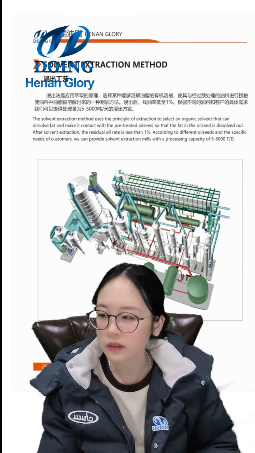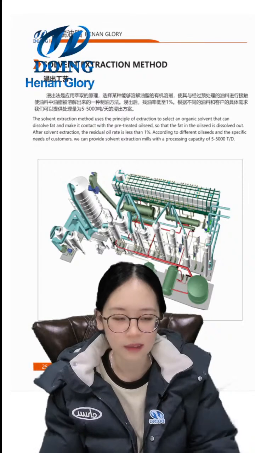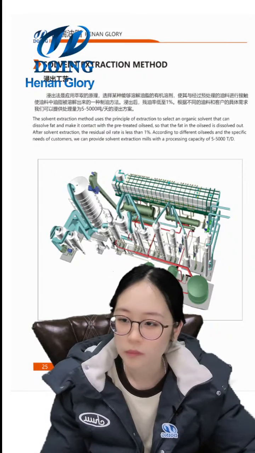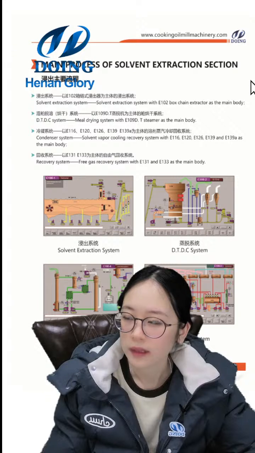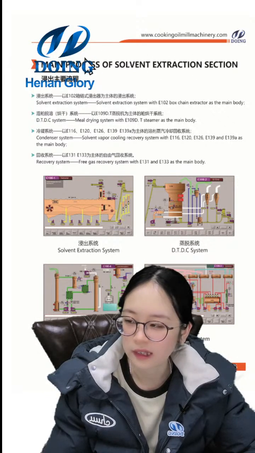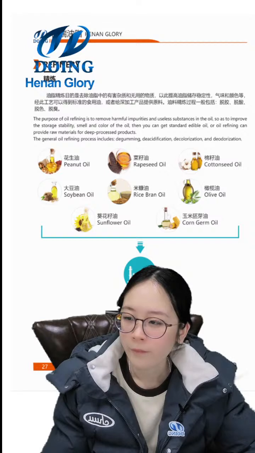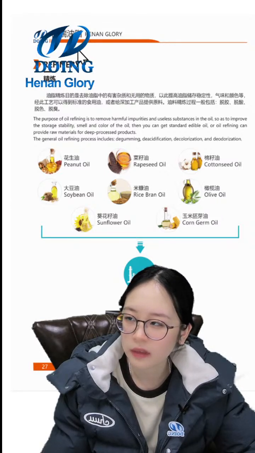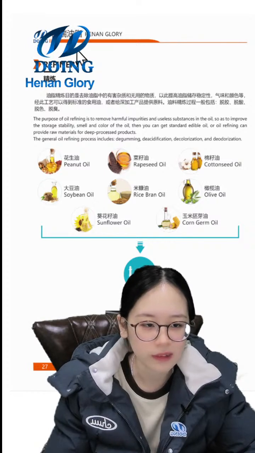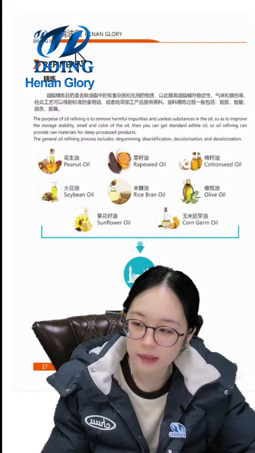And we can also give you the solvent extraction method. And here is the main process of the solvent extraction section. And here is the refinery. Refinery is the most important step in the edible oil we make, right?